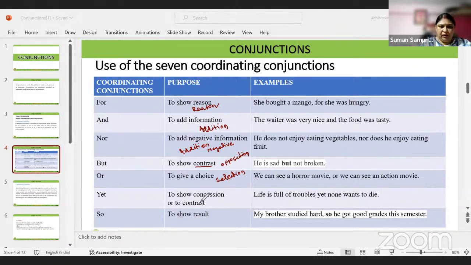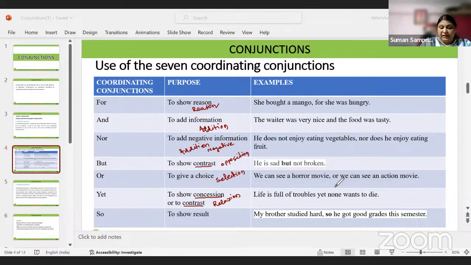Then we'll go for "yet". What does it make? Concession or contrast. Concession means you give relaxation. So, "Life is full of troubles, yet none wants to die." Meaning if it is too troublesome, everyone would not like to live. But do you know any person who doesn't want to live? Everyone wants to live.